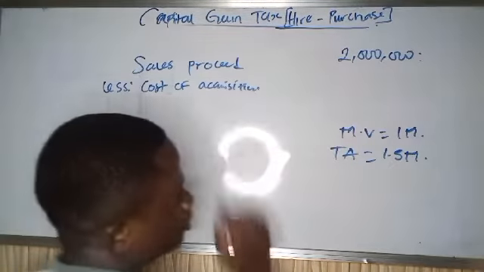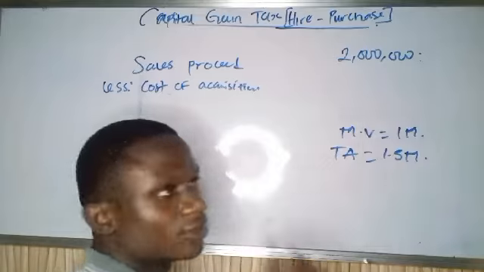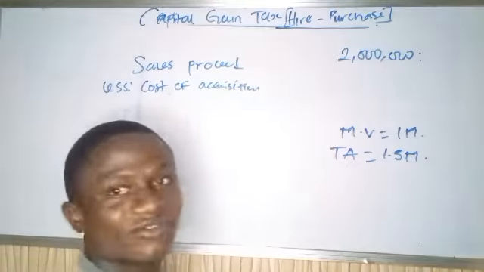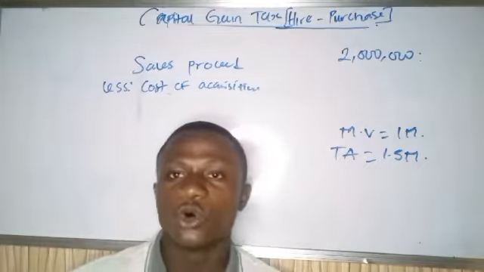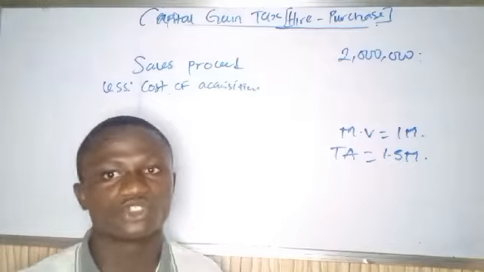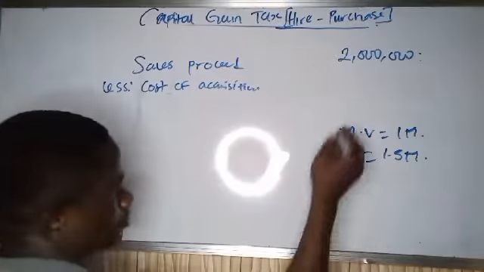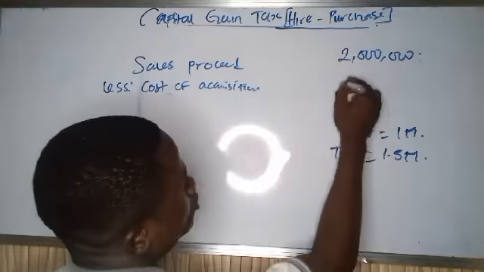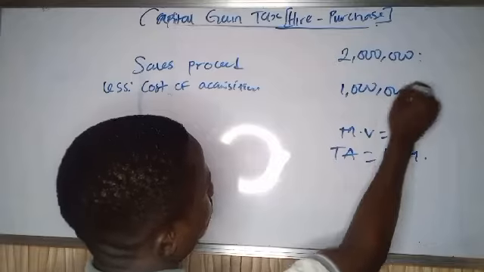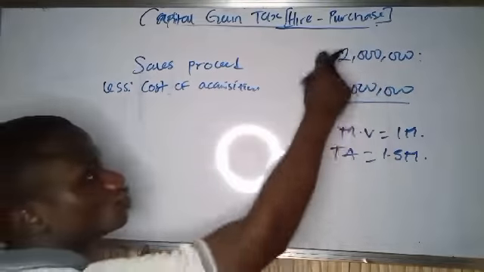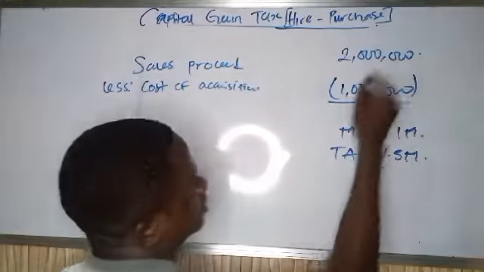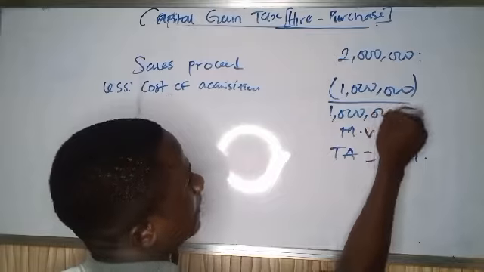Now for the cost of acquisition, let me use 1 million, and at the same time I will use 1.5. You now see the effect it will have on the tax you are going to be paying. Now let's say I use 1 million. Now my capital gain is 2 million minus 1 million, which is 1 million.